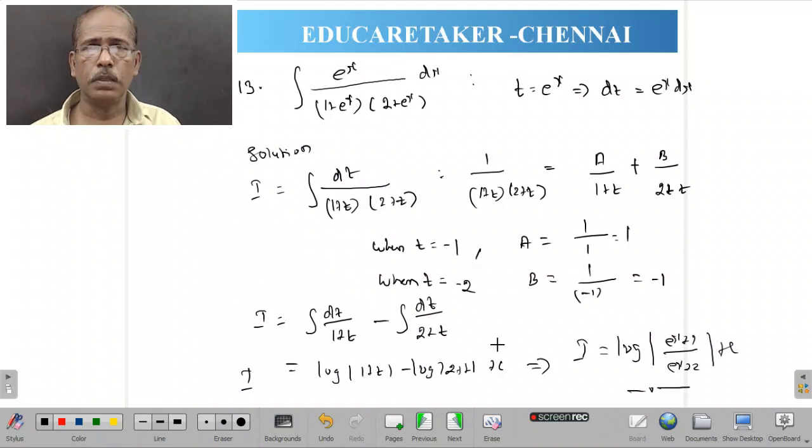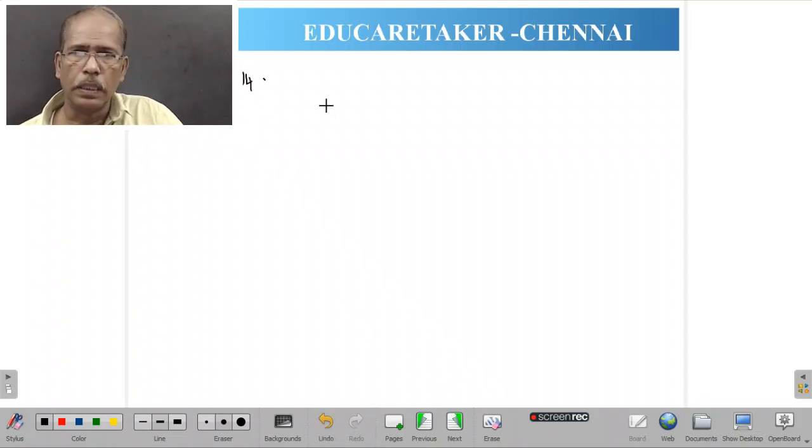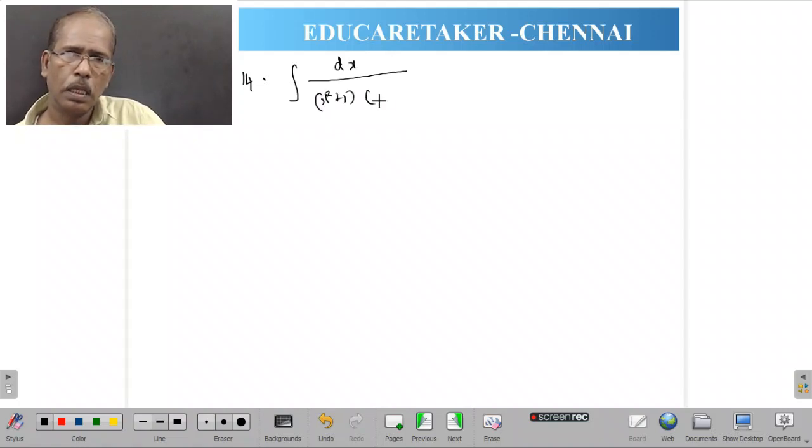It is copied. We move to question number 14. In question number 14, the integral of dx over x square plus 1 and x square plus 4.